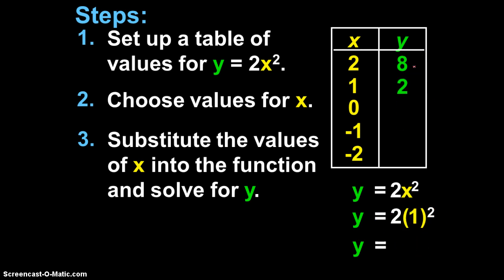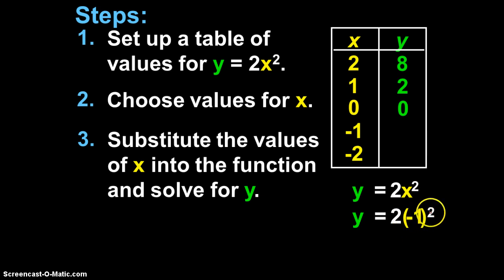So the next one is 0. 0 to the power of 2 is 0. 0 times 2 is 0. Next one is -1. Any negative number to the power of 2 is positive.